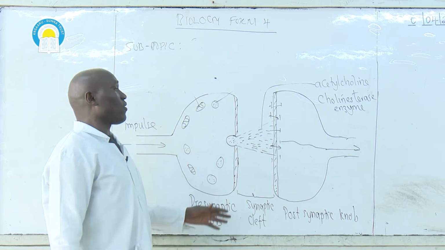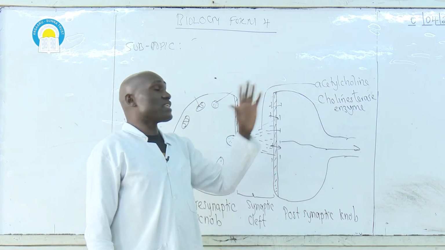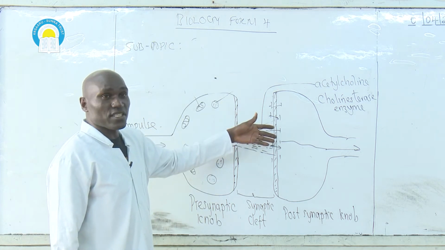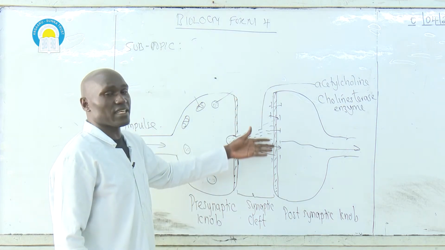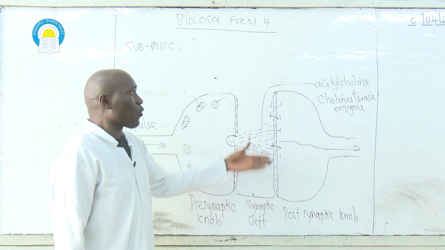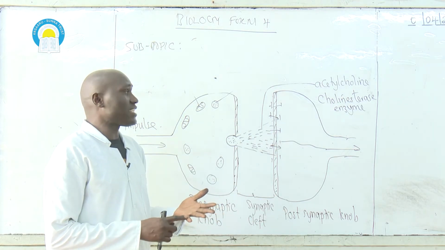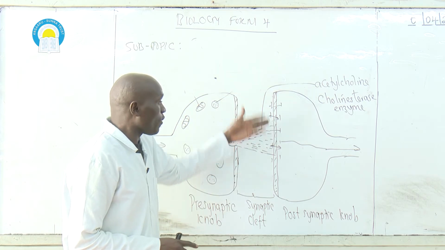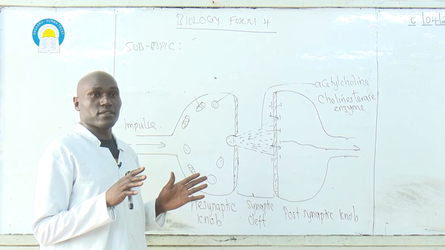Chemical breakdown of acetylcholine by choline esterase enzyme is important because it stops continuous activation of postsynaptic membrane. Once acetylcholine has been broken down into acetic acid and choline, then activation of postsynaptic membrane stops.